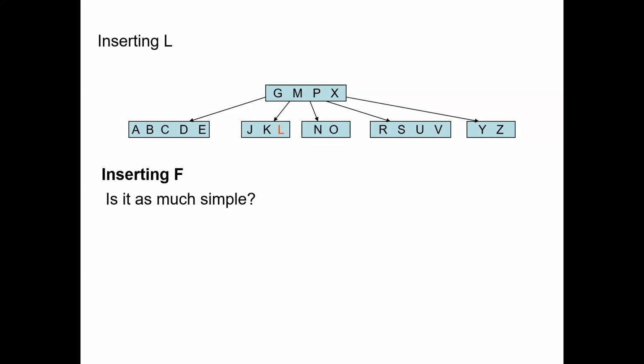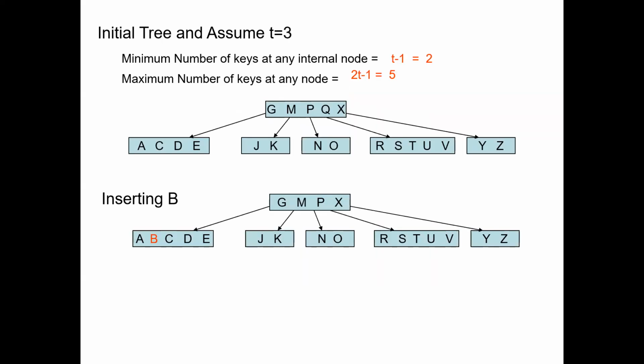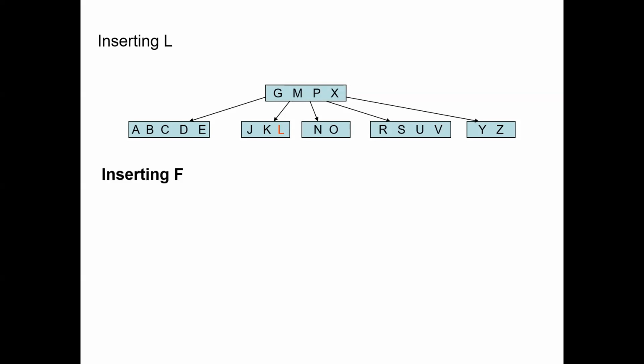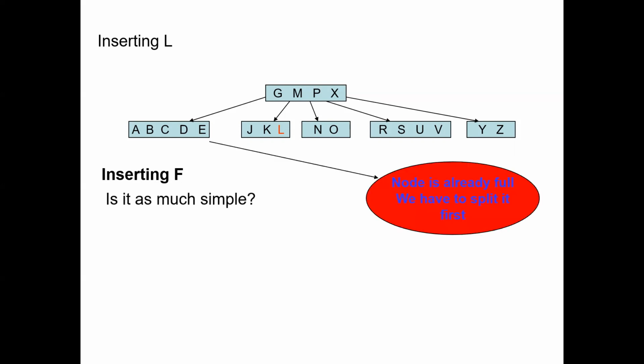But the issue is that the node is already filled. It already has 5 keys, and 5 is the maximum limit as defined by t, since 2t minus 1 is 5. So before placing F, we have to split this node into two parts. One part would contain A, B, the other part would contain D, E, and C would move towards the parent node.